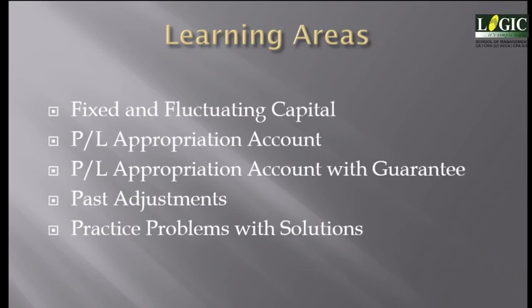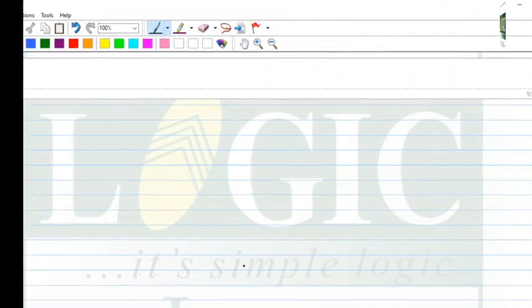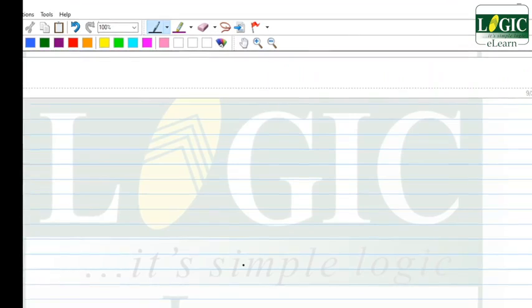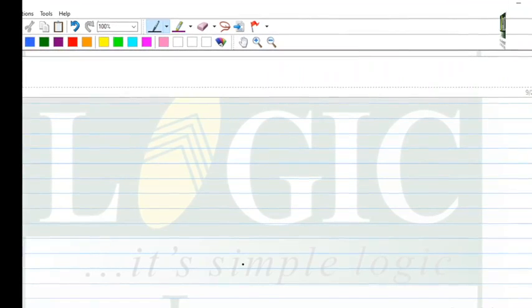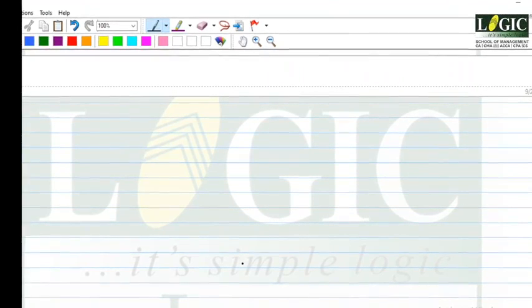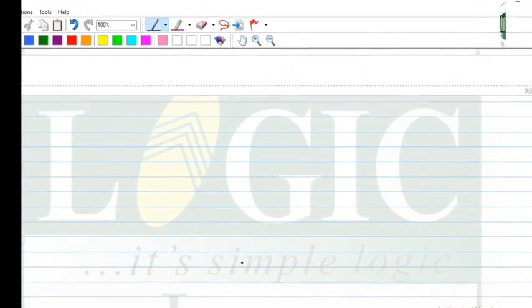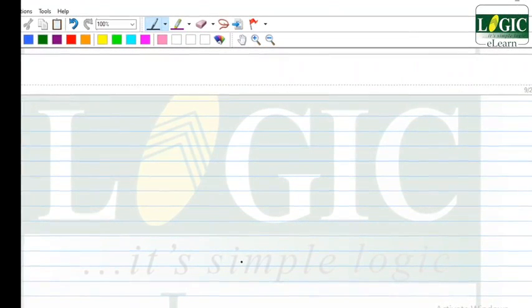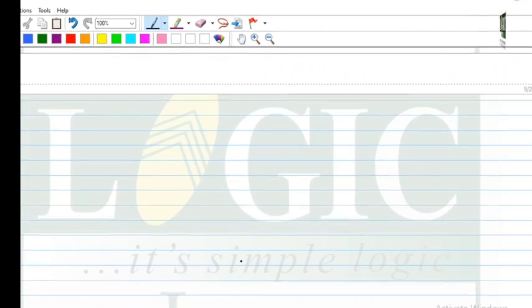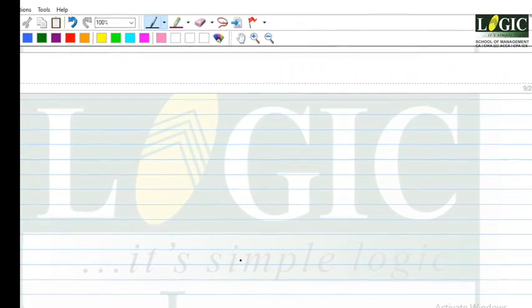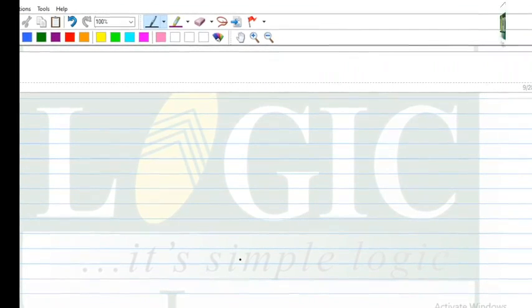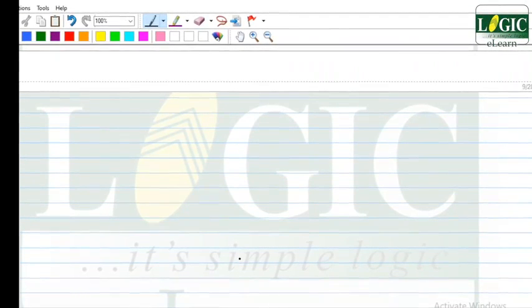Now moving further in this lesson, the first thing you should know about is fixed and fluctuating capital. Okay children, so the different methods of preparing capital accounts. A beginner should start with how to prepare capital accounts under different methods in partnership.